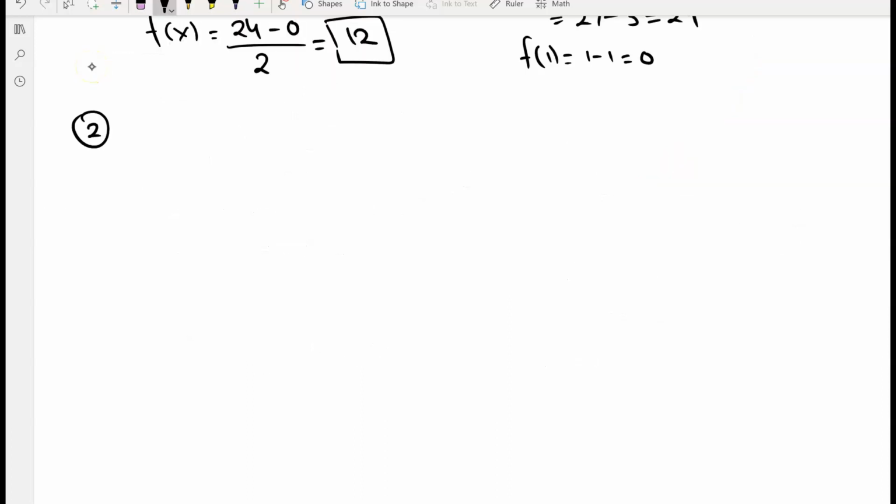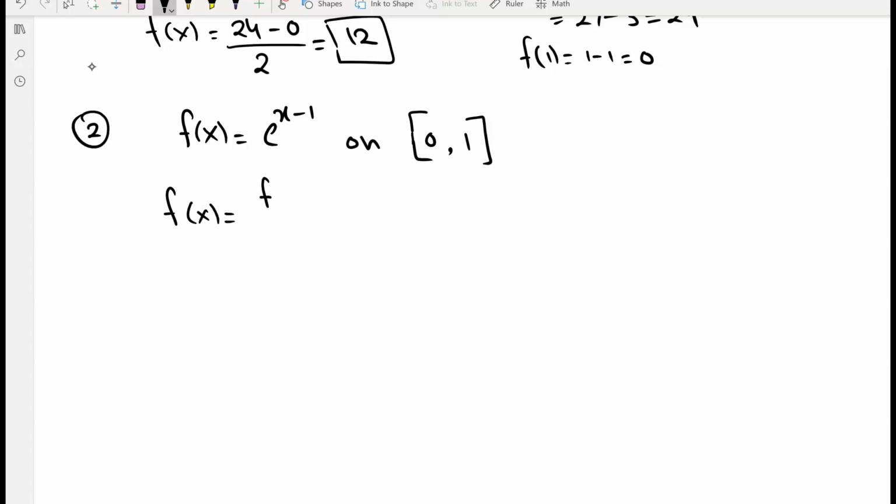Now let's do question number 2. I'm going to write a different function, but the process will be the same. e to the power of x minus 1, and we're checking average rate of change on 0 and 1. Now again, the formula is f of b minus f of a over b minus a. Here b is 1 and a is 0. So f of 1 minus f of 0 over 1 minus 0.